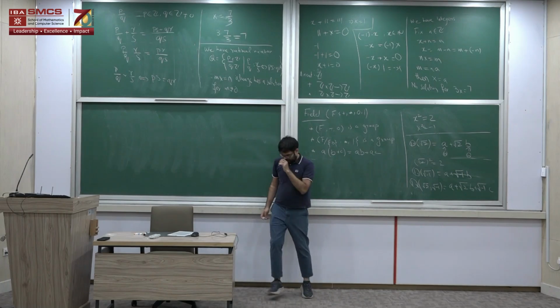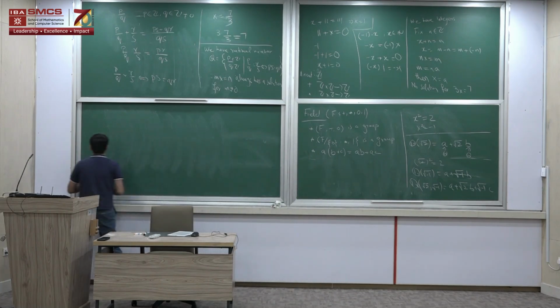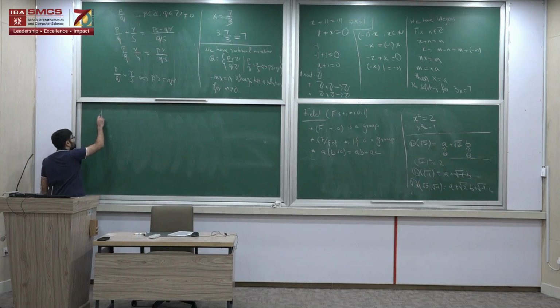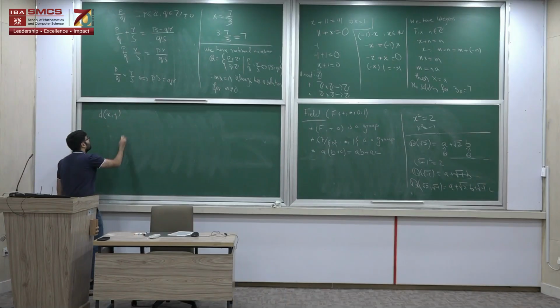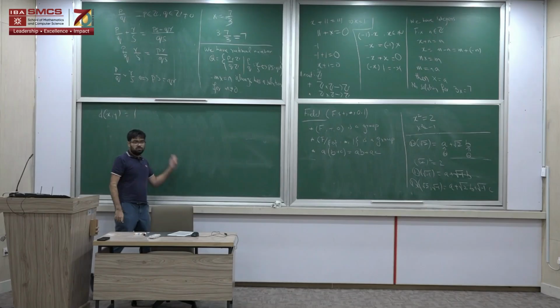So there is some divinely ordained distance, which means there is a function d. It takes in two rational numbers x, y, and it tells me how far the two numbers are apart.